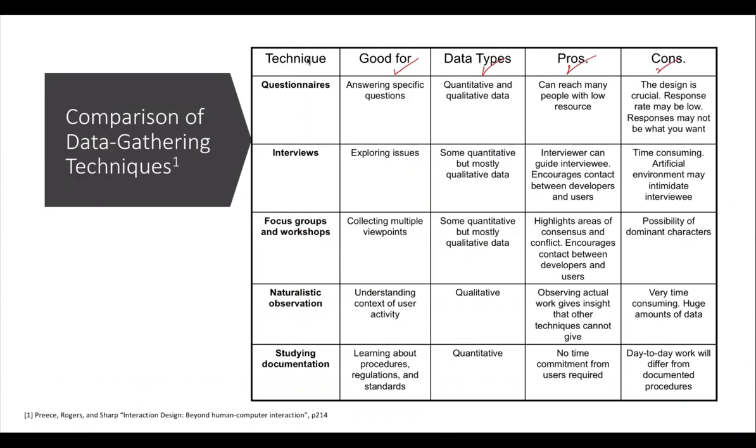So if we start with questionnaires, they are good for answering specific questions, and we can easily elicit requirements through answers to those specific questions. The data types of the questionnaire elicitation method could be quantitative, so we have numerical data, or it could be qualitative, just text.